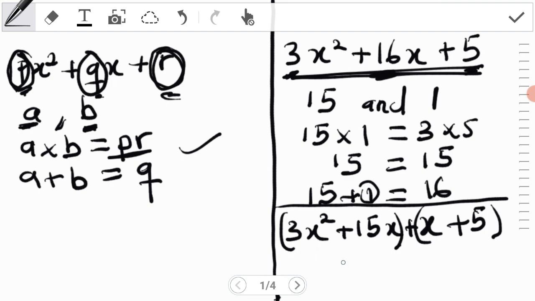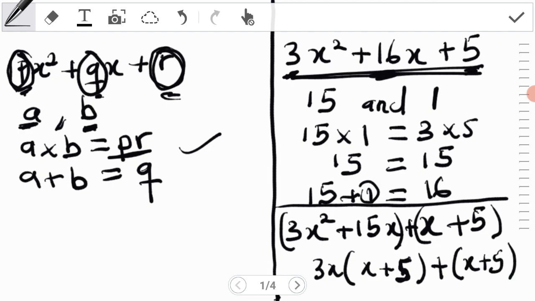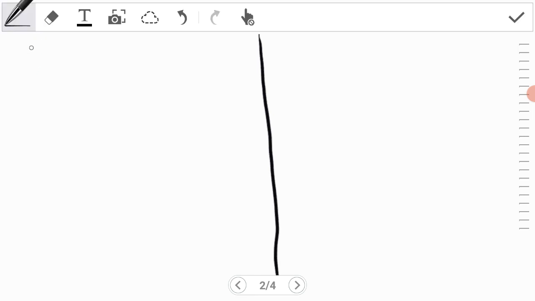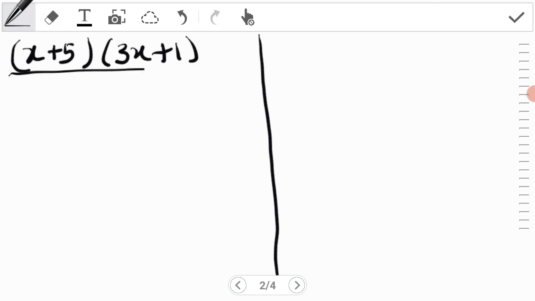We can factor out 3x, so we get 3x, open bracket, x plus 5, plus x plus 5. So that means our final answer would be x plus 5, 3x plus 1. That would be our final answer. I hope you really understand.